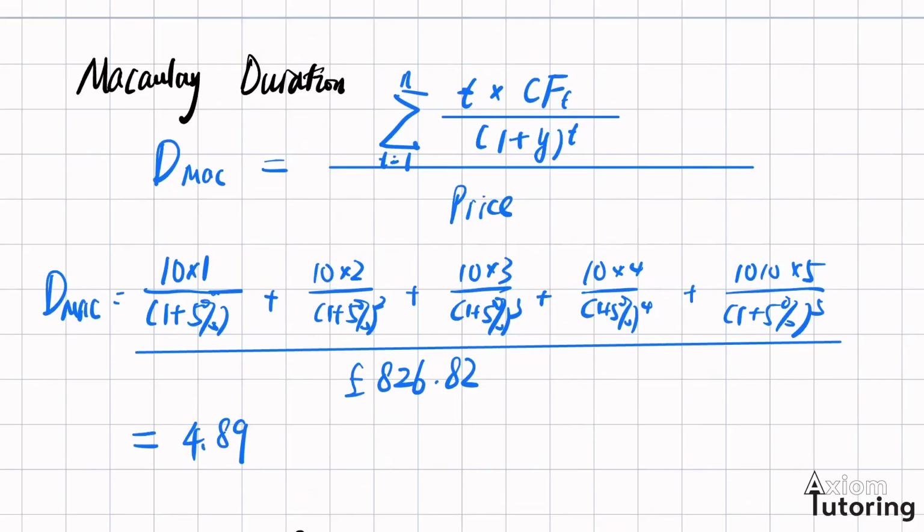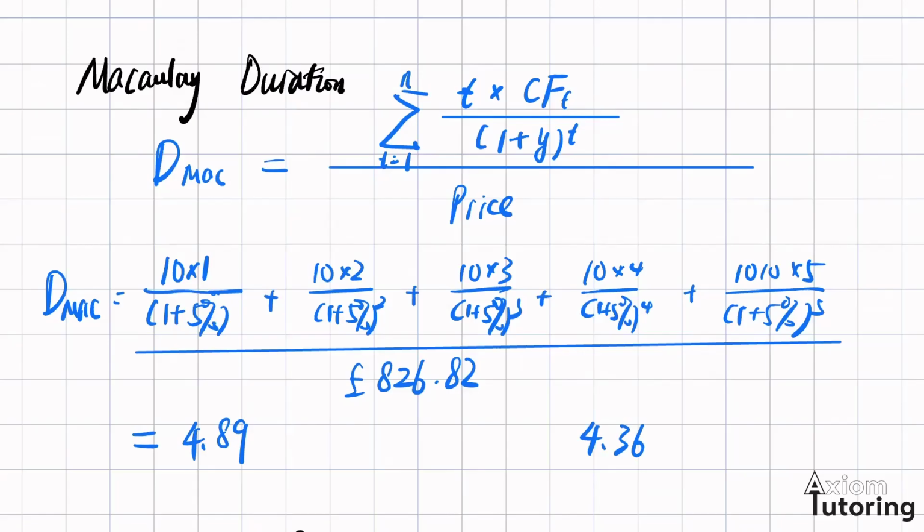We can do the same for the second bond, which should give you a Macaulay duration of 4.36. So as you can see, a higher duration is more sensitive to the change in the yield, while a lower duration is less sensitive to the change in the yield.